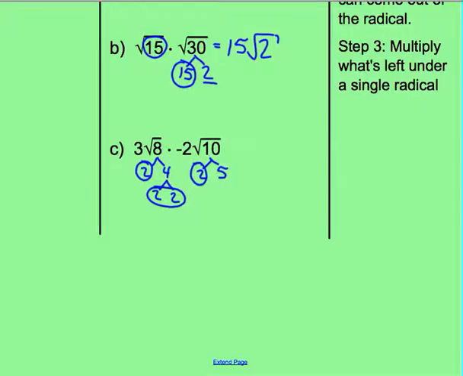So here's what's coming outside. First of all, I had my 3 times negative 2 that were already on the outside, and I had 2 pairs of 2's. So one from each pair comes out, and then what's left staying under the radical. Multiplying everything together, I've got negative 8 times 3 is negative 24 times the square root of 5.